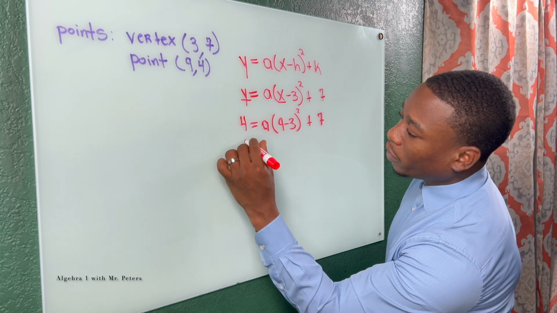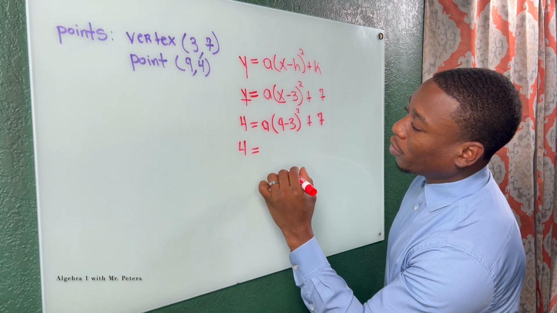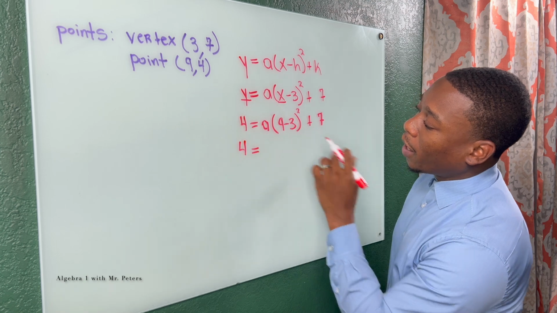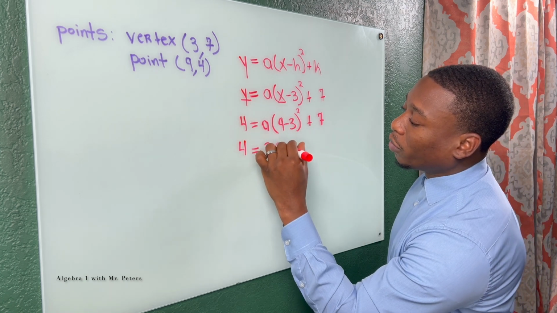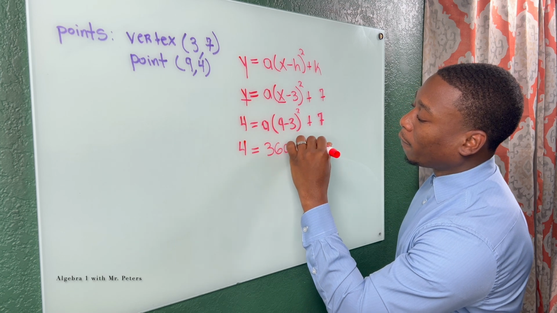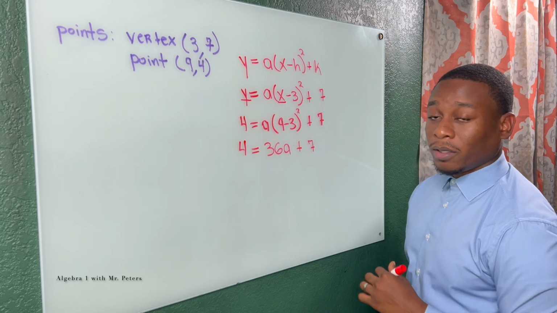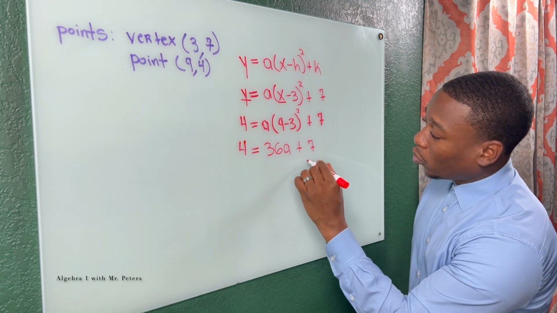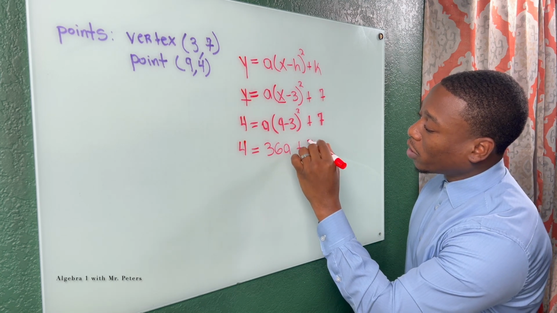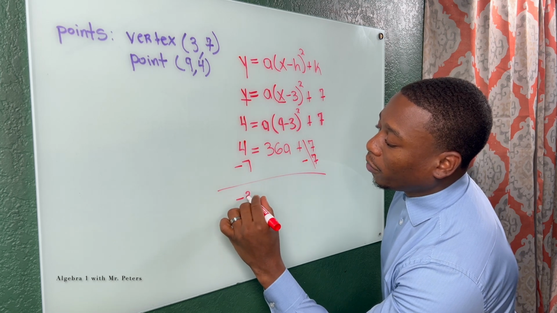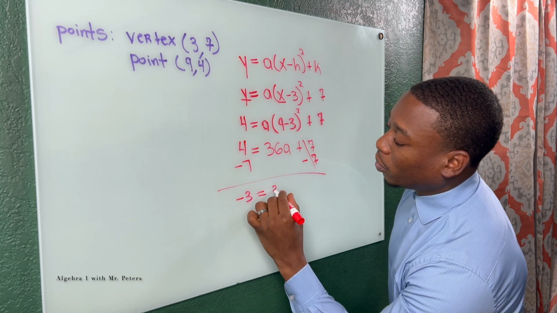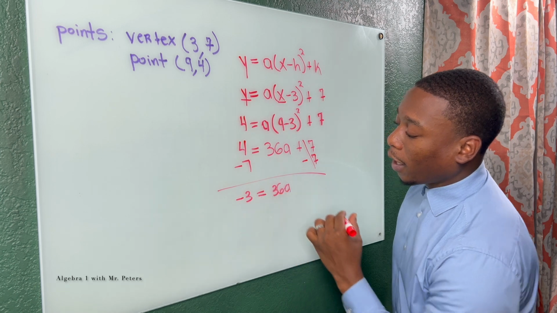So let's simplify. So when we go ahead with this, we have 4 is equal to, right? 9 minus 3 is 6. 6 squared is 36. Is equal to 36a plus 7. Now in this step, we're going to subtract 7 on both sides to combine like terms. So I have negative 3 is equal to 36a.